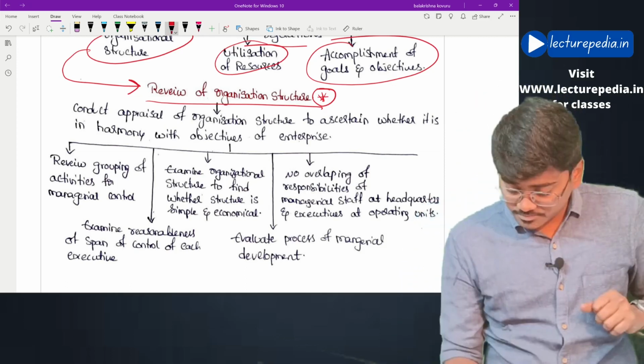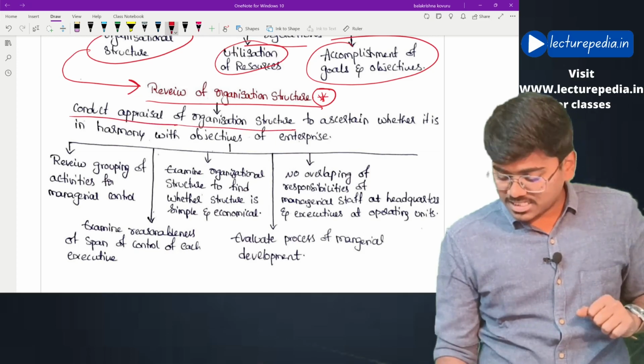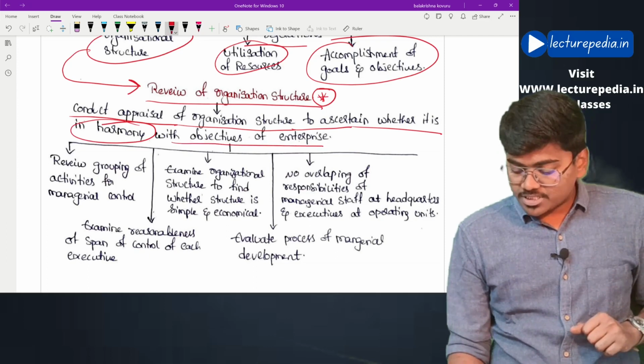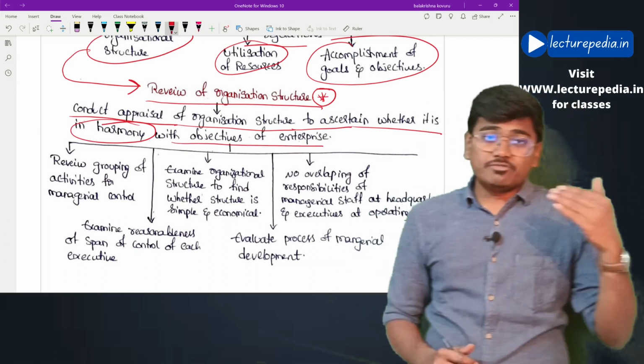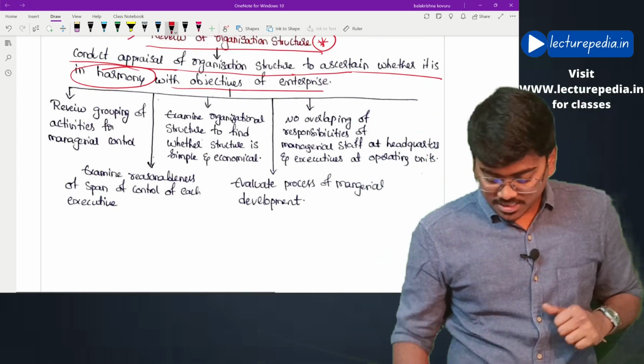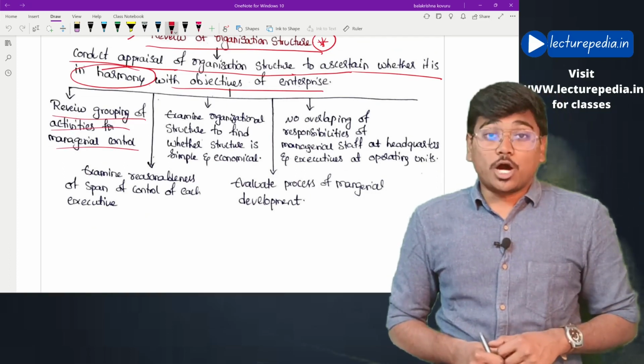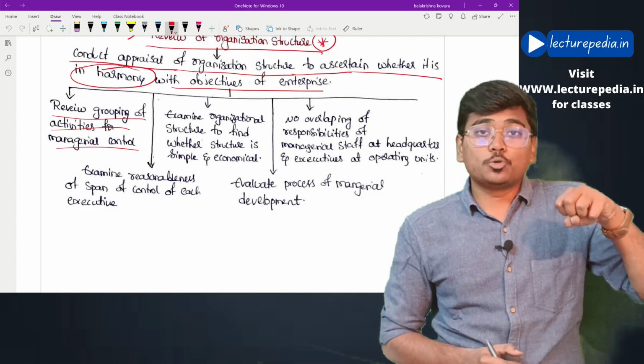Let us see. He will conduct an appraisal of the organizational structure to ascertain whether it is in harmony with the objectives of the enterprise. How will he appraise? See, review grouping of activities for managerial control. How the various activities have been grouped in the organization.